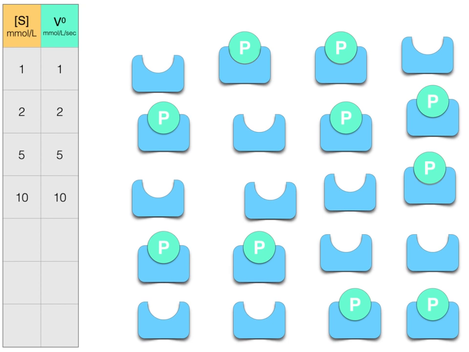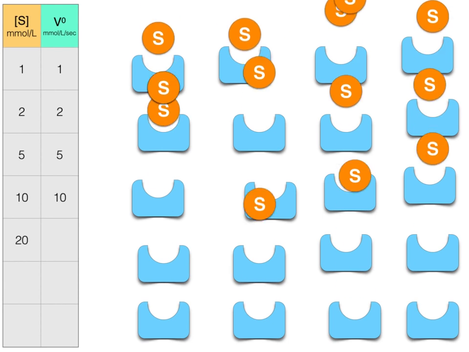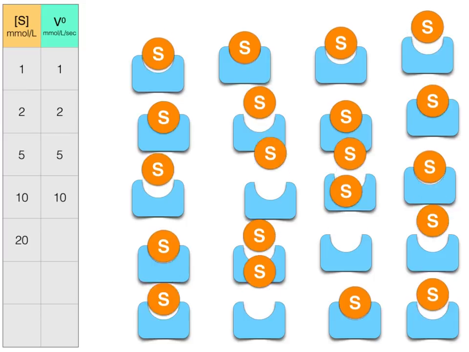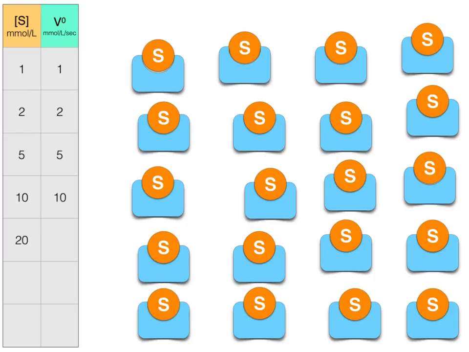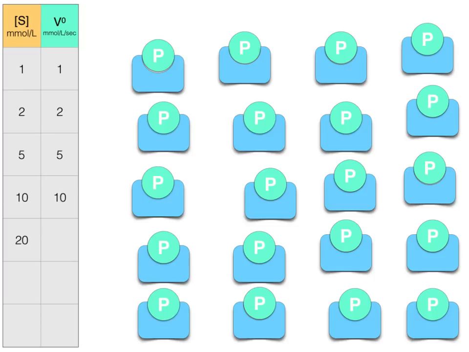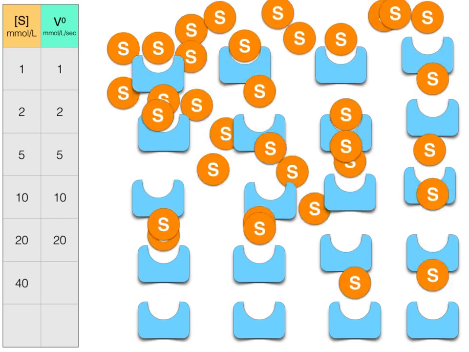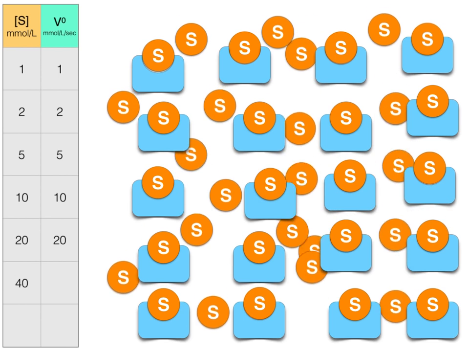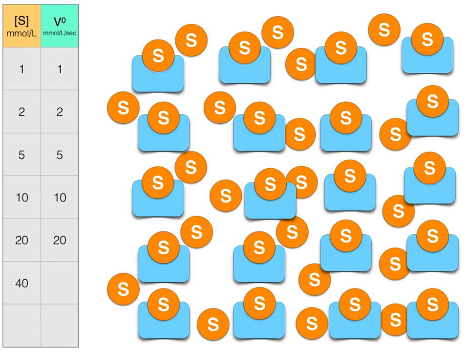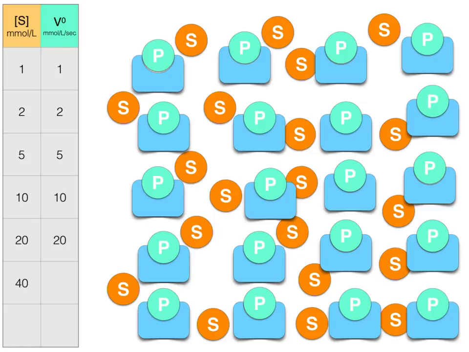Now let's introduce more substrate, 20. All binding sites are occupied and we produce 20 products after a given time. So let's double the amount of substrate to 40, starting on a clean slate. So even if we increase the substrate concentration, the amount of products produced remains stuck at 20.